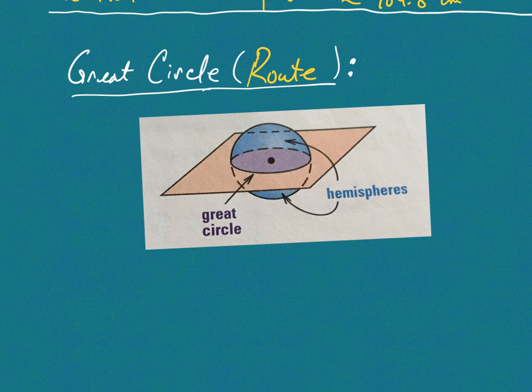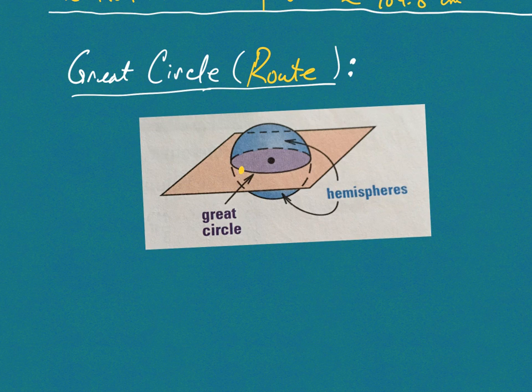And this is the idea that when you have 2 places on a sphere, and Mr. McDonald would have been talking about the surface of the earth, if you have 2 locations on the surface of the earth, and you want to calculate the shortest possible trip that can be made between the 2 places, what you do is you create a great circle route.